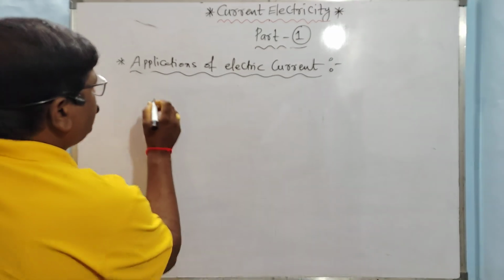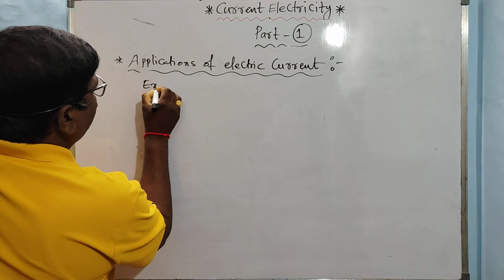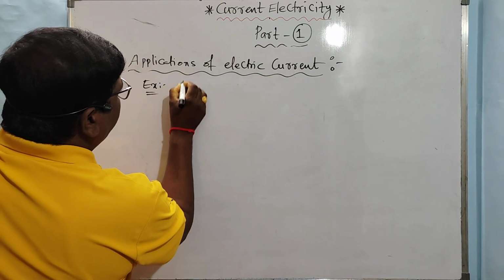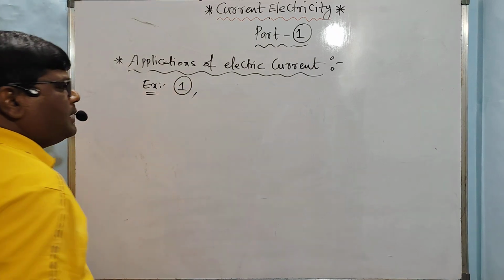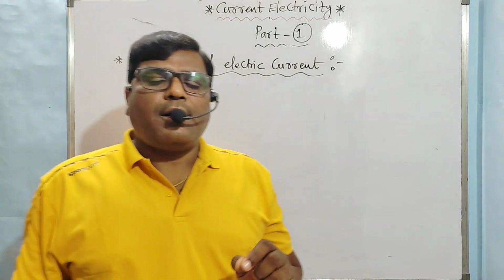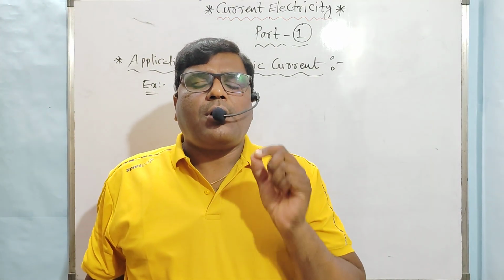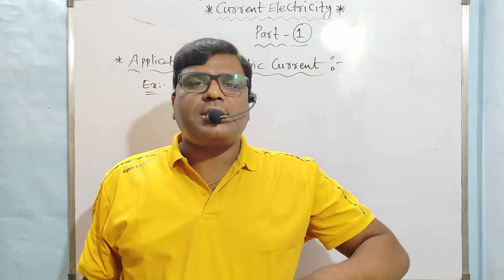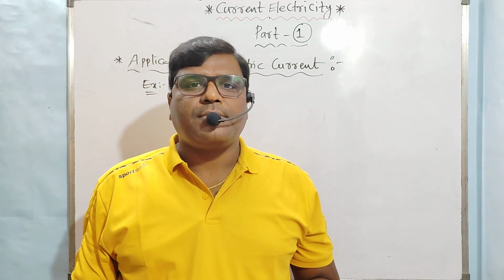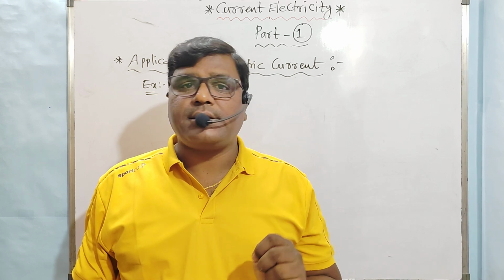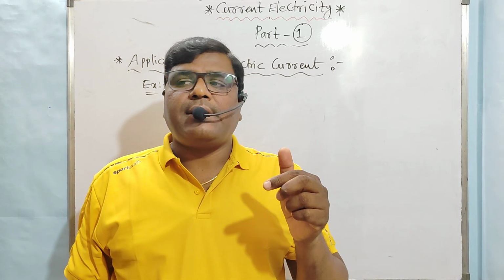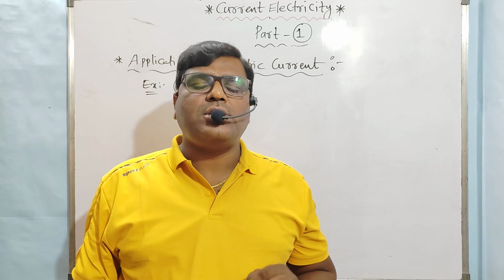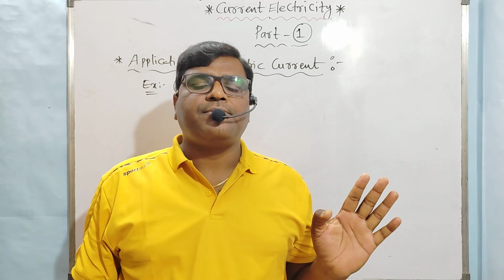First, example problem number 1. They give that 10 to the power of 7 electrons are crossing across the conductor. How many electrons are crossing here? 10 to the power of 7 electrons are crossing across the conductor.